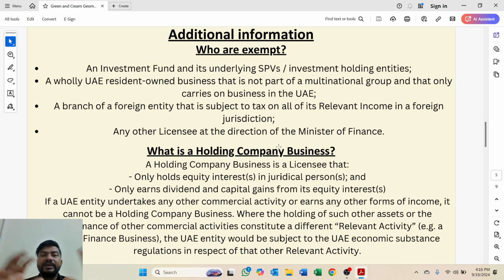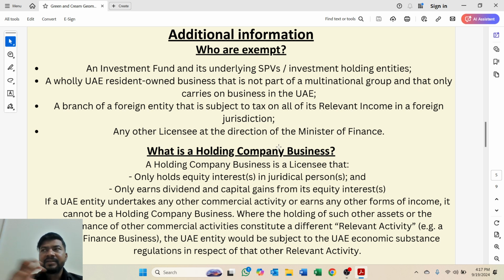Now let's understand holding company business. A holding company business is a licensee whose primary activity is only to hold the equity interest in another company, with the intention to earn dividends and capital gain by selling it later. Suppose ABC Limited's primary business is only to buy equity interest in other companies.